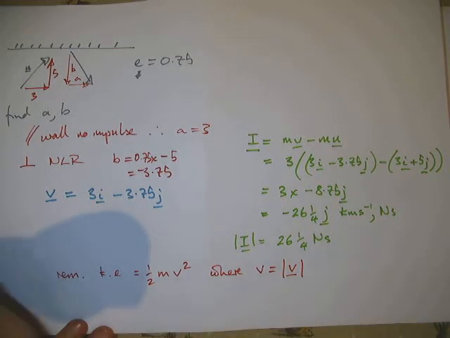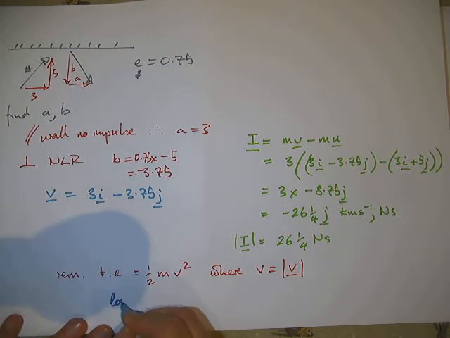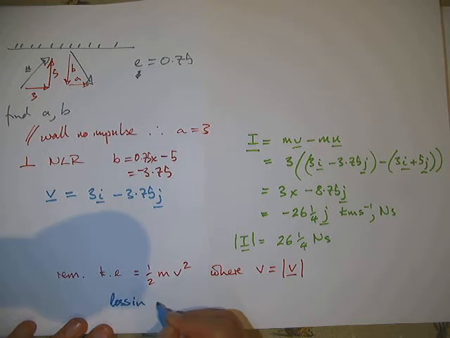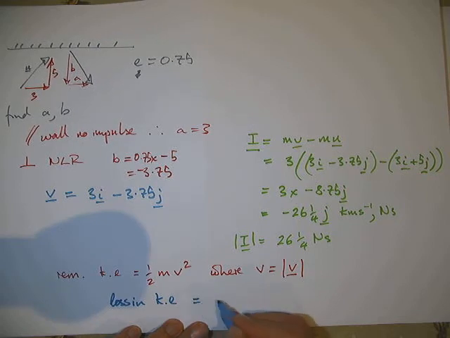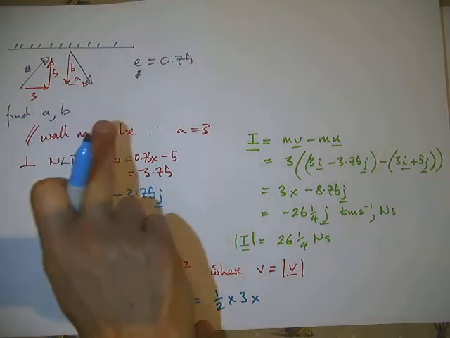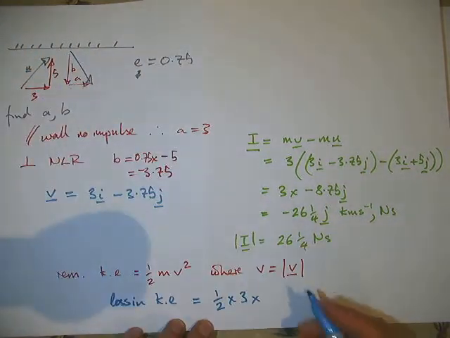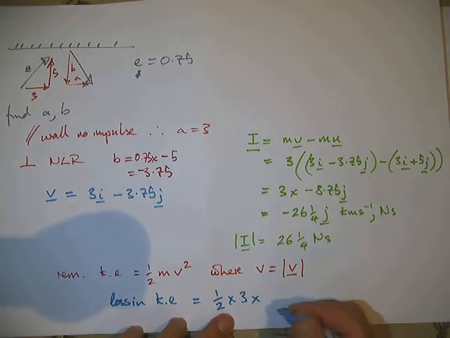So in this case, the loss in KE would be half times 3 times, it's got more energy before a collision than afterwards, which is one of the things we always find.